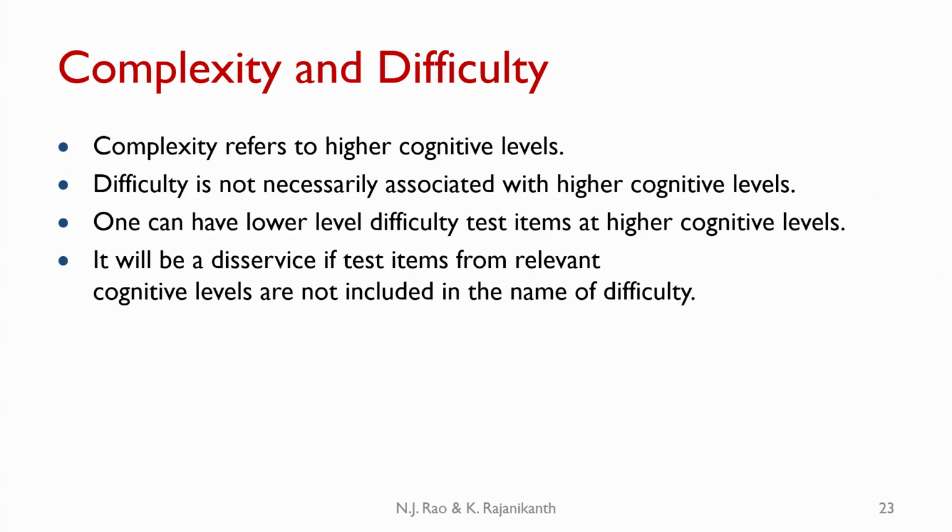So, these two words one will have to be familiar with: complexity and difficulty. Complexity refers to higher cognitive levels. One should not mistake difficulty with higher cognitive levels. For example, you can have a very simple question at the apply level and a very complicated question at the remember level.